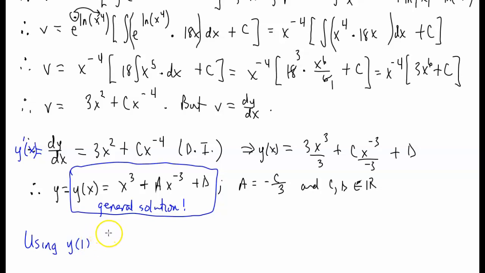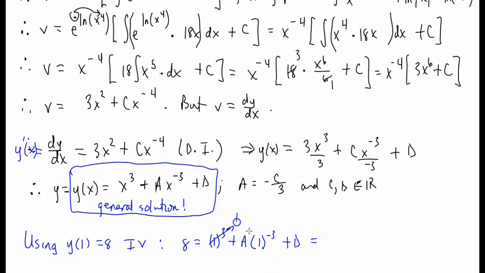All right, so here we're going to use this first initial value. If x is 1, y is 8, then 8 is going to be equal to 1 cubed plus a times 1 raised to negative 3 plus d.